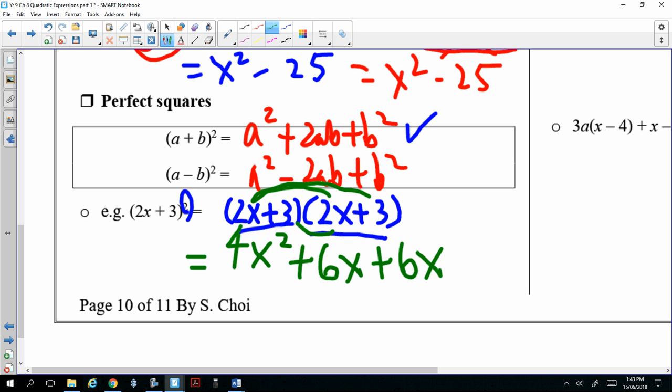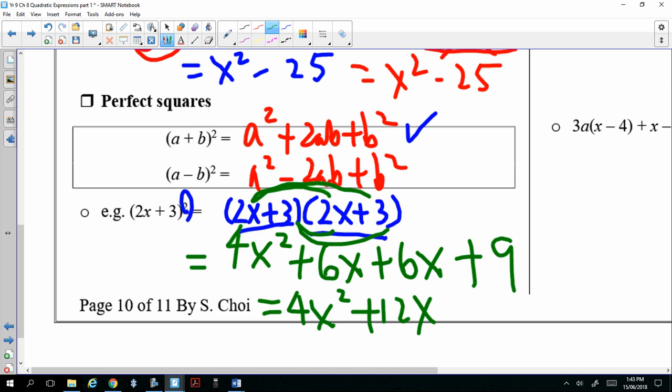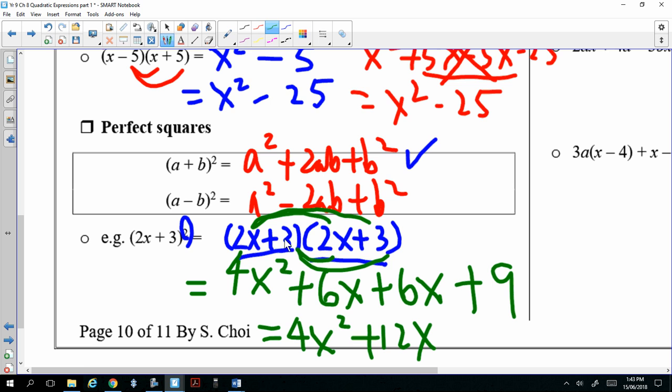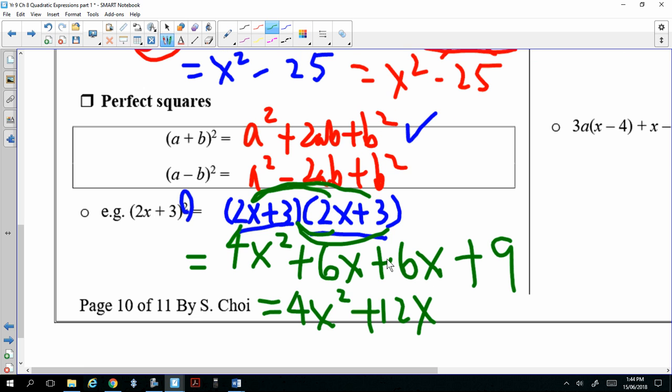Lastly, 3 times 3, 9. Any like terms? No, they don't cancel. Can you see they don't cancel? They get plus. You only get cancelled if one is minus and one is plus. If they are both pluses or both minuses, they don't get cancelled. Okay, write it like that. Any question?